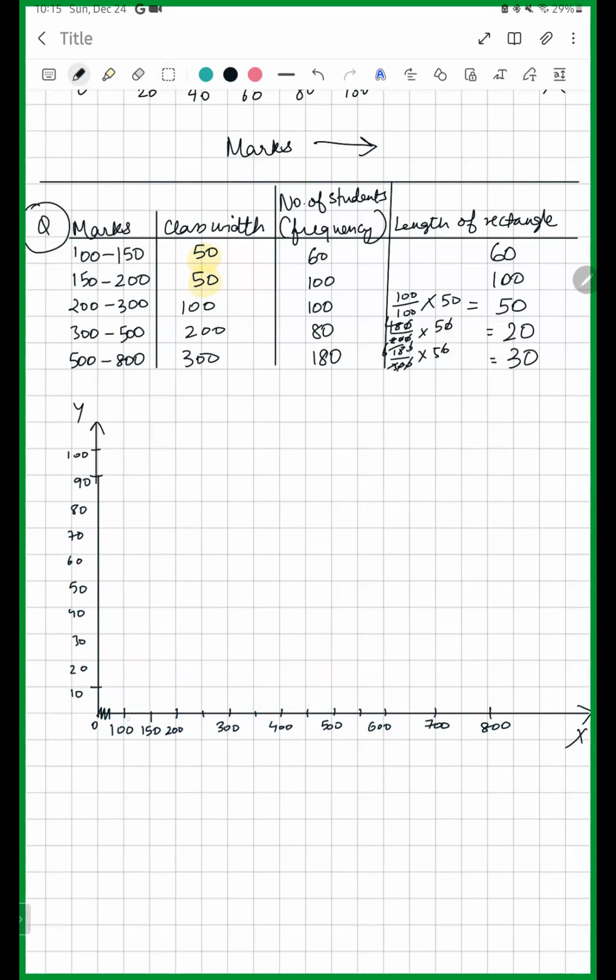So 100 to 150, the first one, is 60. You have to mark it at 60. Start from here. This is 100 and this is 150, right?